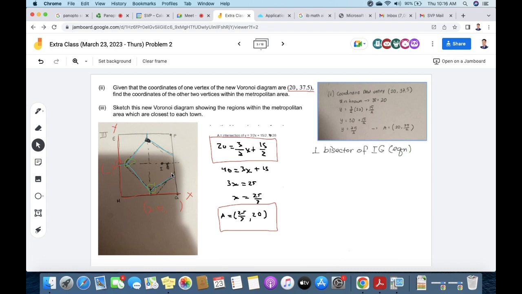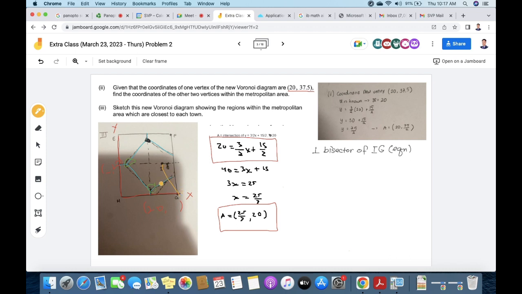Yeah. So first up, we need to find a point on IG. And if we try to connect IG, for example, this is just an estimate, so don't worry about it.